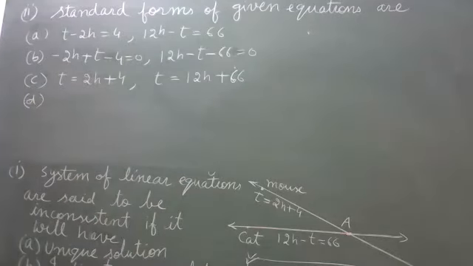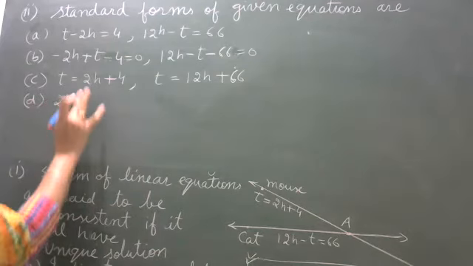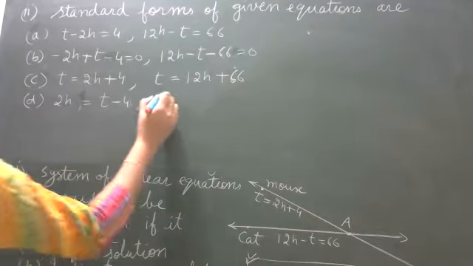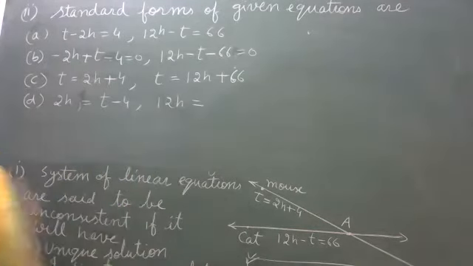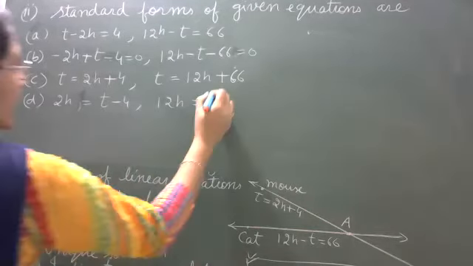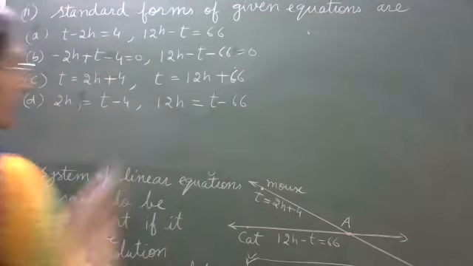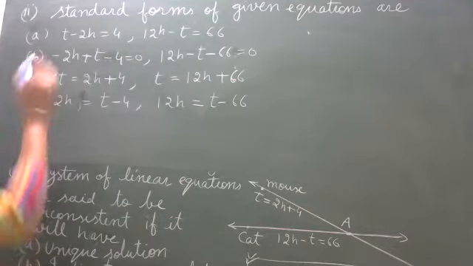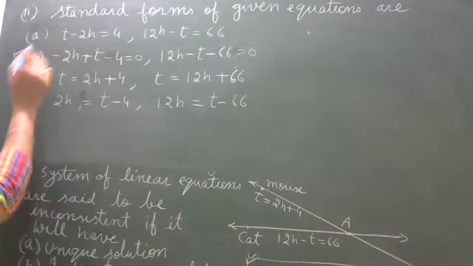The D form is 2h is equal to t minus 4, 12h is equal to t minus 66. So which is the right answer? Standard form में इनमें से कौन सी equation है? So many students have given the response B. So B is the right answer.